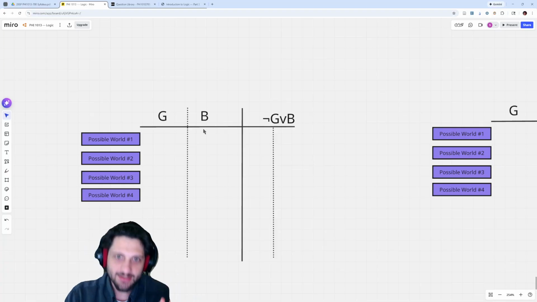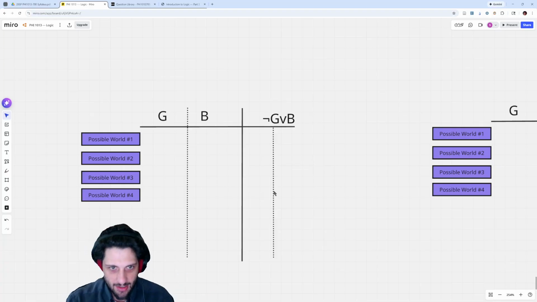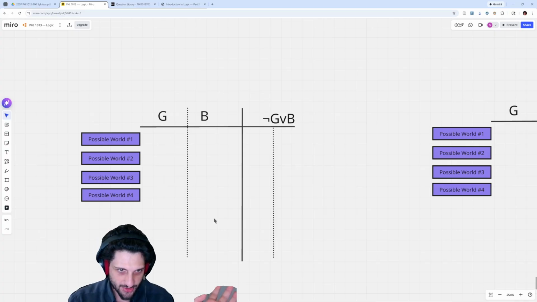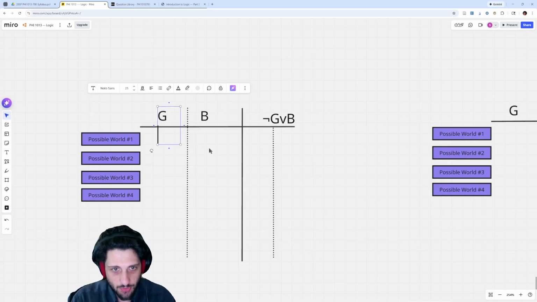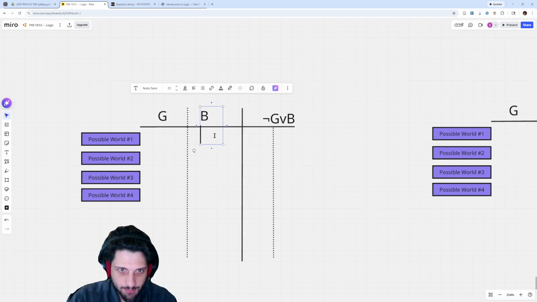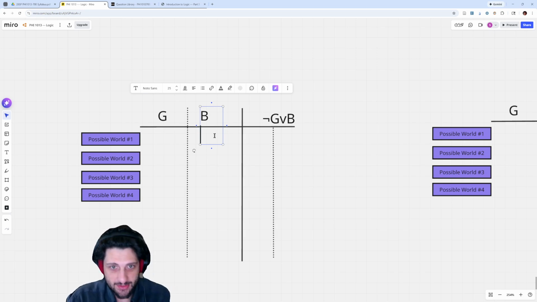So let's look at this. Here I have a statement, just G and B. I have these two reference columns on the left, and I'm already giving you a hint: look at this, we have 4 possible worlds to fill out. So maybe let's start with B. I'm going to explain this a few times. You might feel like this gets redundant, but sometimes this is really helpful for people to absorb what's going on here.